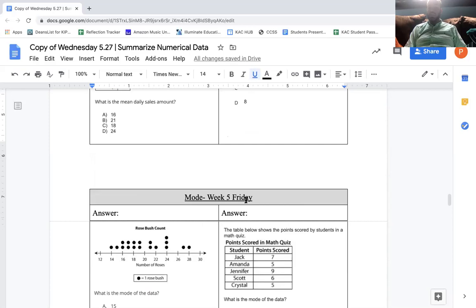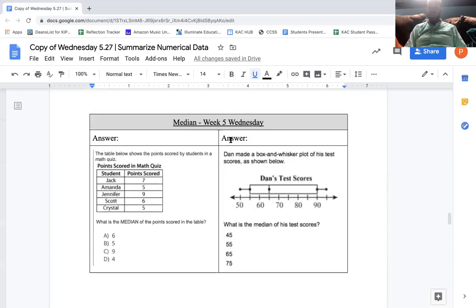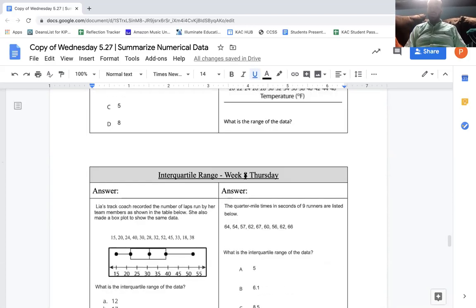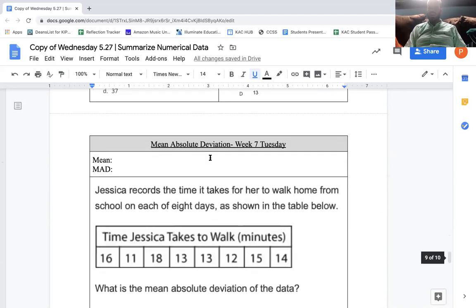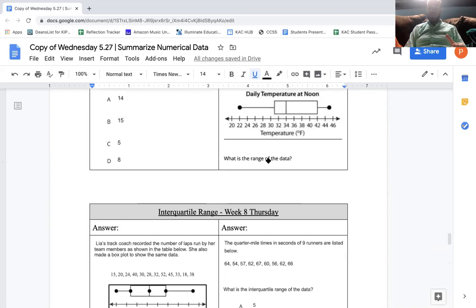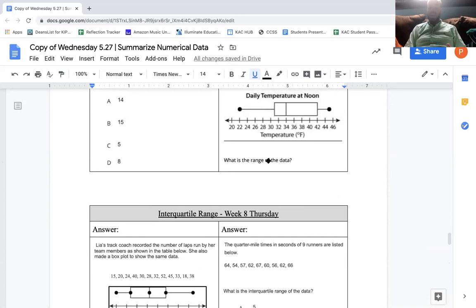Mode, week 5 Friday. Median, week 5 Wednesday. Range, week 5 Friday. Interquartile range, week 8 Thursday. Mean absolute deviation, week 7 Tuesday. Those are the things on Google Classroom that you can go back to check the video or the notes to make sure you have it right.